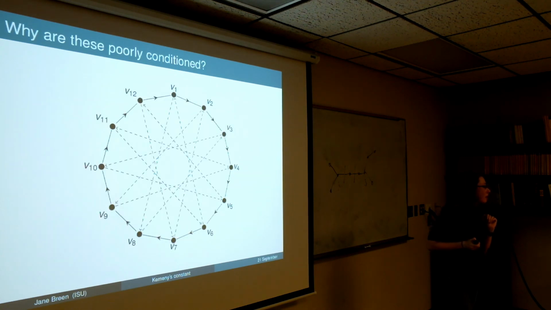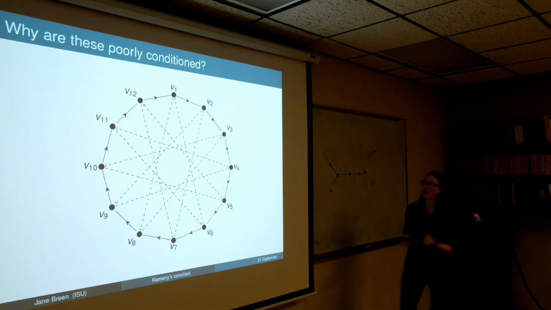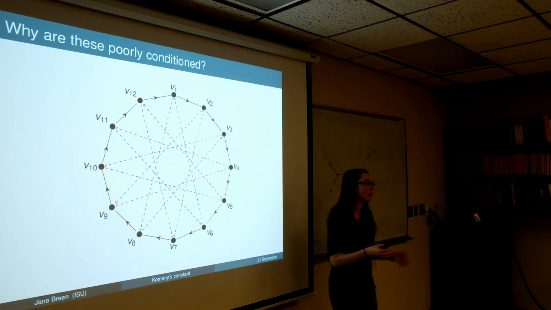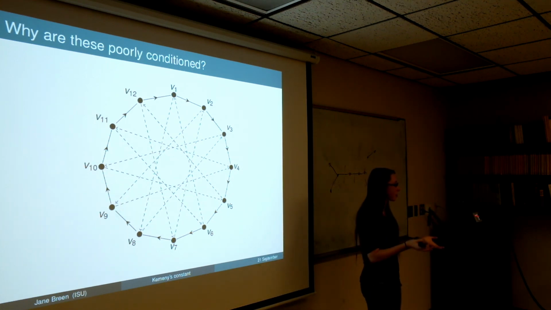Right. Yeah, we thought of that, but there are actually examples of directed graphs where you can put any zero pattern for your matrix basically, where you can make the non-zero things anything within the restriction of it being stochastic, and Kemeny's constant is actually constant over that class.